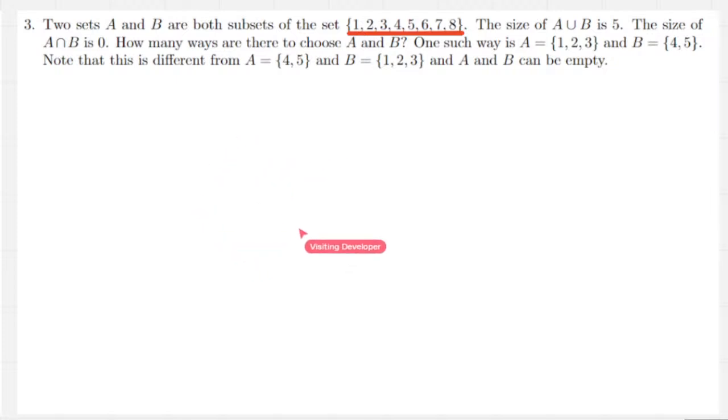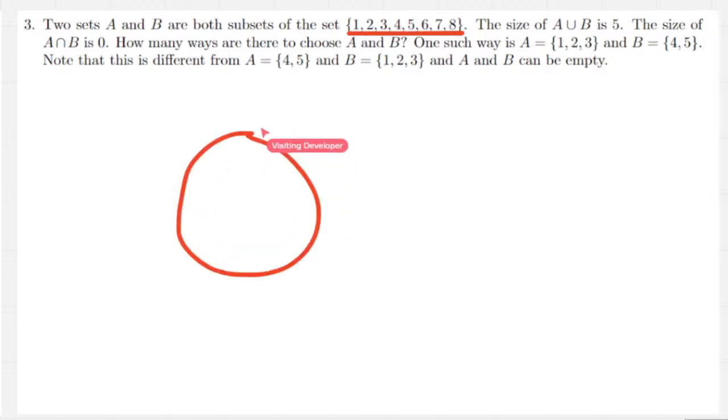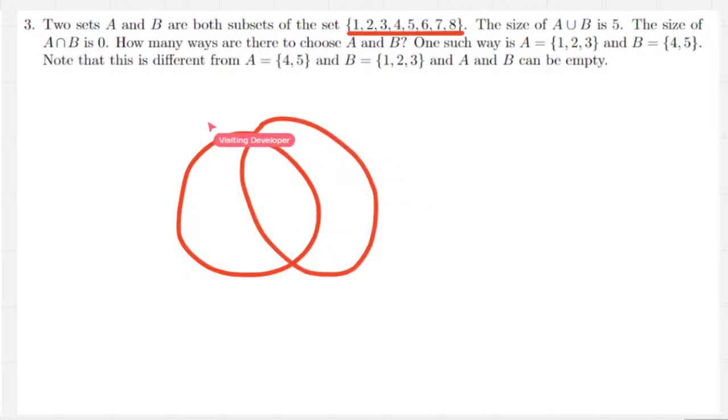So we can represent this on a Venn diagram where we have this is A and this is B. So we know that the size of the intersection of the two sets is 0, which means that there are no elements that belong to the intersection of the two sets.